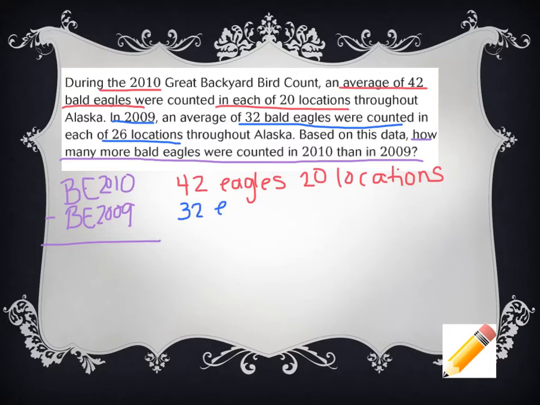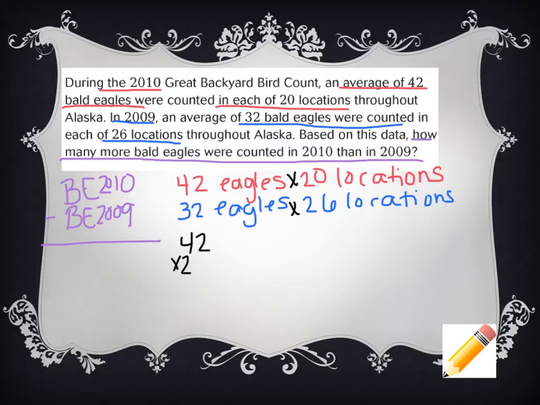So 32 eagles in 26 locations. Since I'm counting repeated groups, I'm going to multiply for the 2010 number, 42 times 20, and for 2009, 32 times 26.